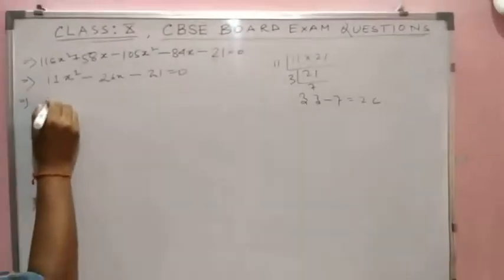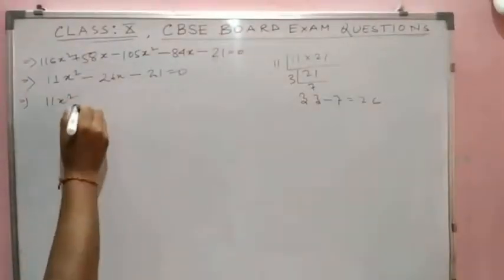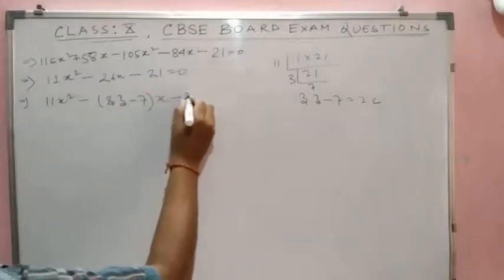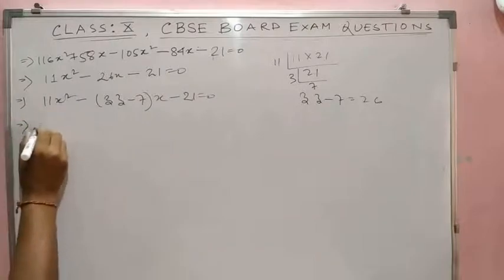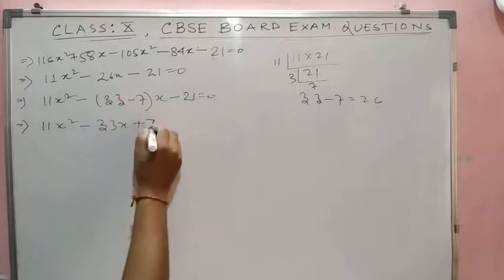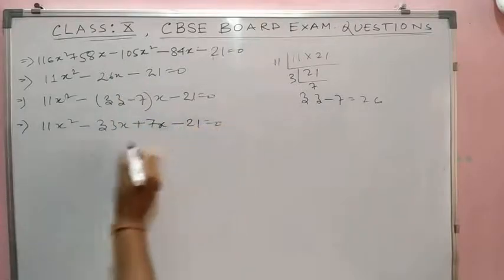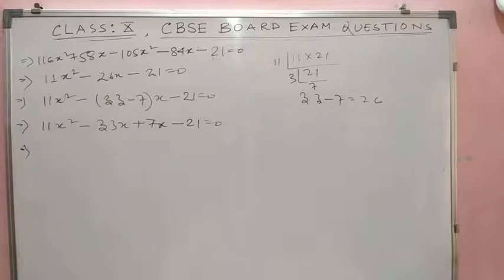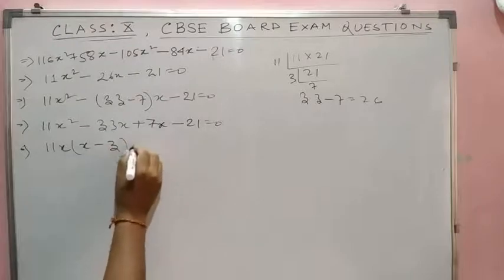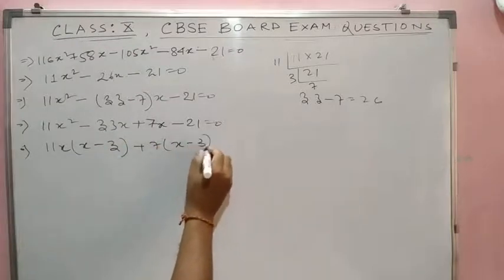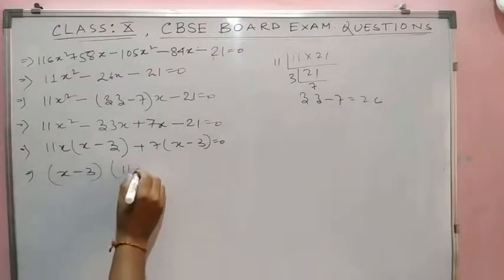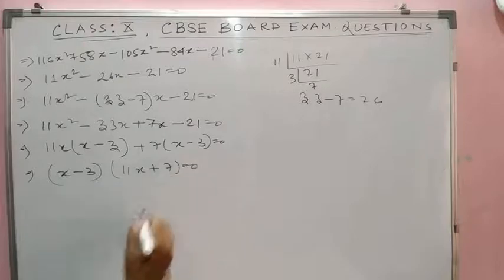So we can write this as 11x square minus 33x plus 7x minus 21 equal to 0. Now 11x common, it will be x minus 3, 7 common, x minus 3 equal to 0. This implies that x minus 3 whole into 11x plus 7 equal to 0.